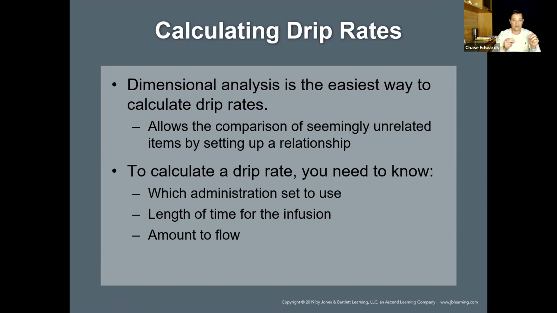To determine how many drops per minute should be given, you're going to put that GTT over how many minutes, right? That's going to be 10 GTT over 1 milliliter times 250 milliliters over 90 minutes, right? So it's going to cancel out what you can and reduce the fractions.